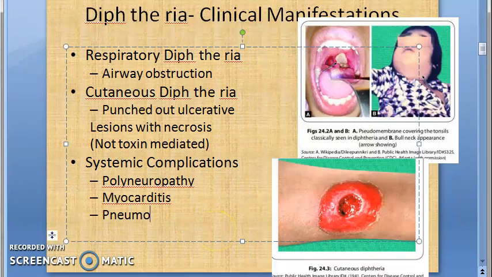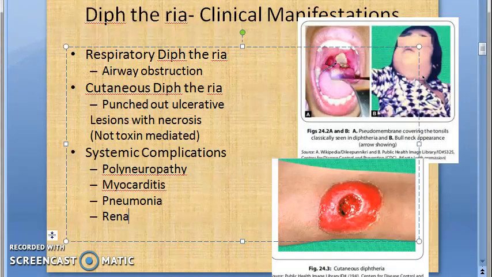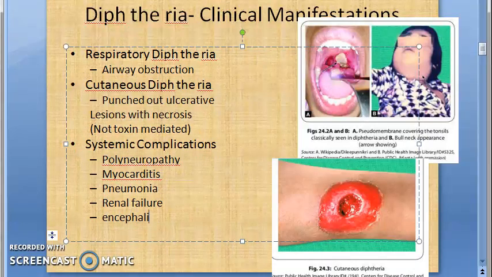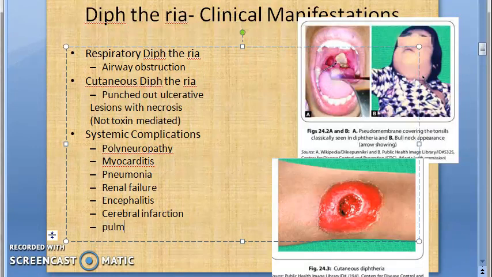So let me just add here pneumonia, renal failure, encephalitis, that is again a neurological manifestation, cerebral infarction, pulmonary embolism.